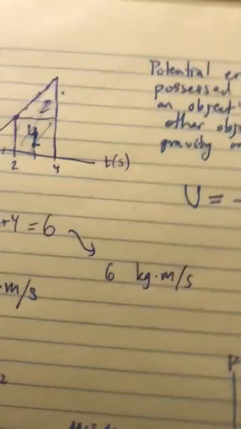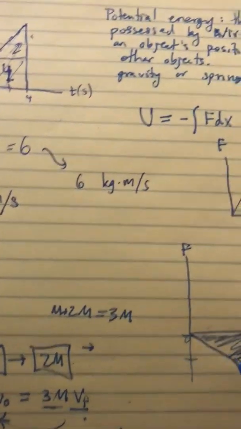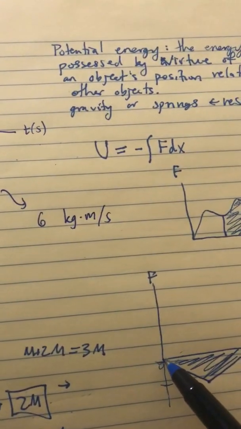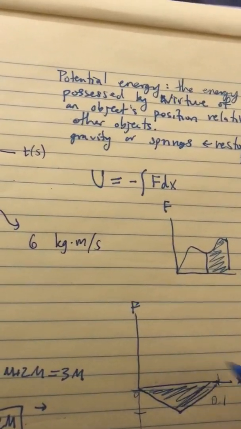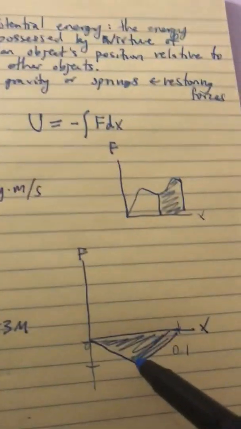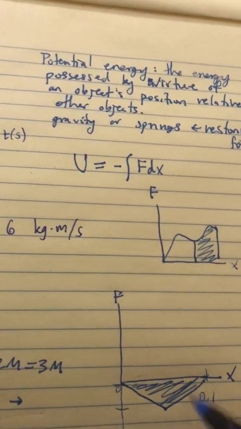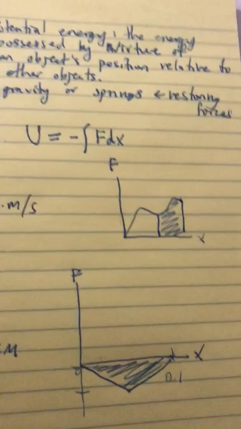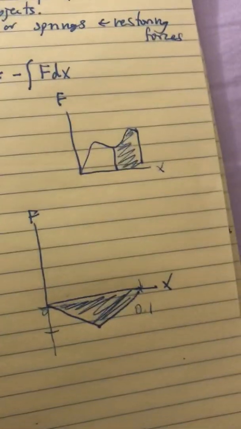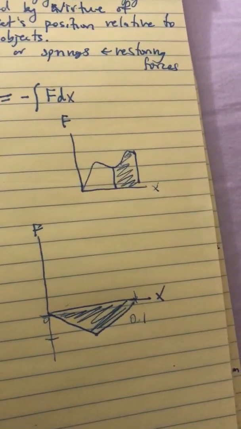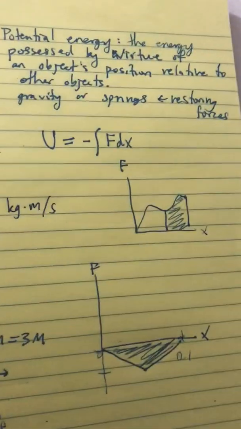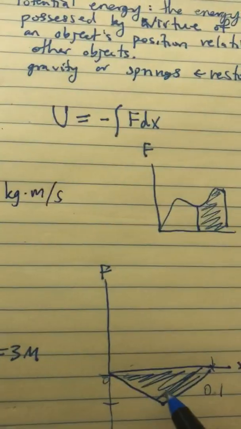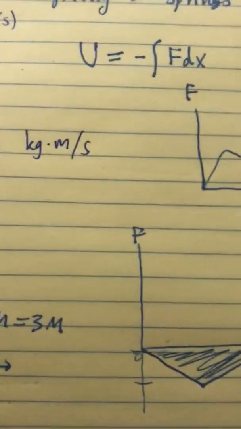Now, some people might be confused because they say, oh, this area is below the axis, in the quadrant with negative y values. But it doesn't matter because it's area, and the potential energy can never decrease because the further we go, the more positive area we're generating, and area can't be negative.